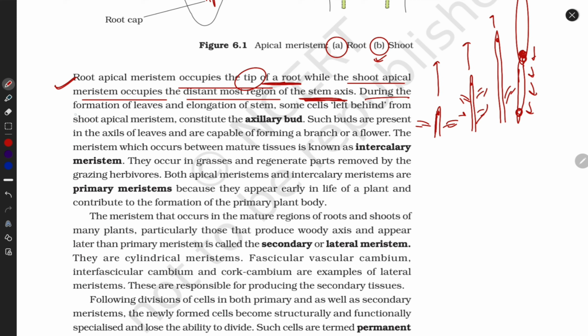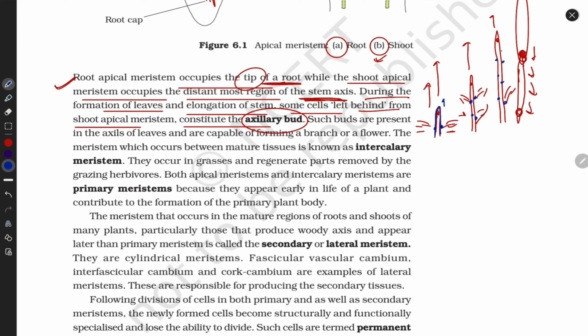During the formation of leaves and elongation of the stem, some cells are left behind from the shoot apical meristem, and they call it an axillary bud. Why do they want to explain this to us? They said that when the stem divides, it grows in this direction, but somewhere it loses some tissues here, drops its tissues here.